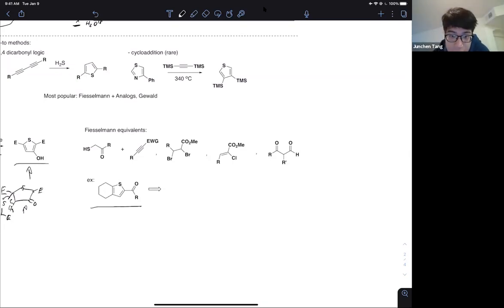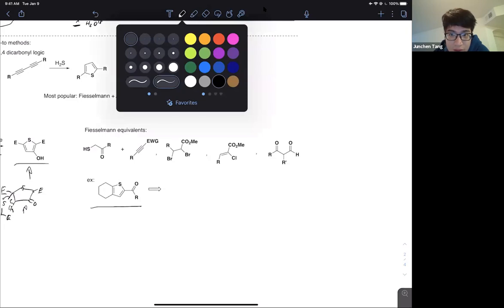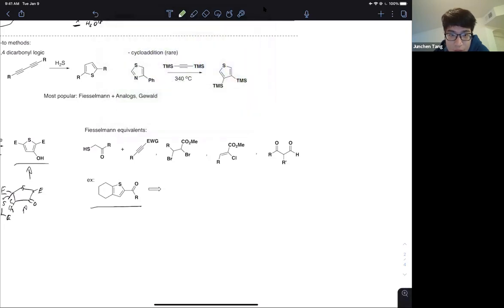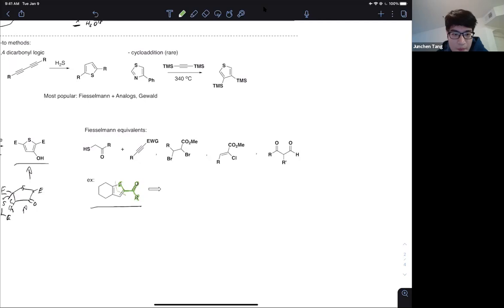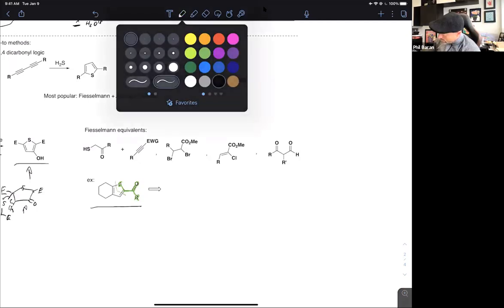Yeah, we can use the same logic as the Fiesselmann logic, and we can break the CS bond. We can break the alpha position of the carbonyl, the CS bond. Brilliant.